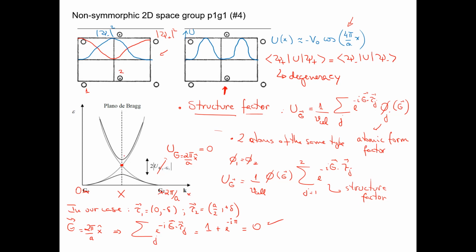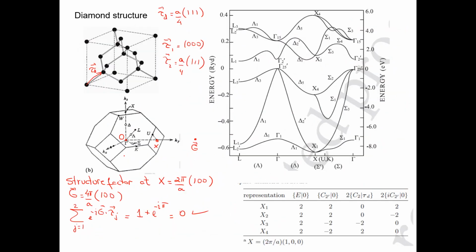The situation at the X point is slightly more complicated, because you can see that for some symmetries, X1 and also X2, the slope is non-zero, but for X3 and X4, the slope is 0. This distinction is explained in our textbook.